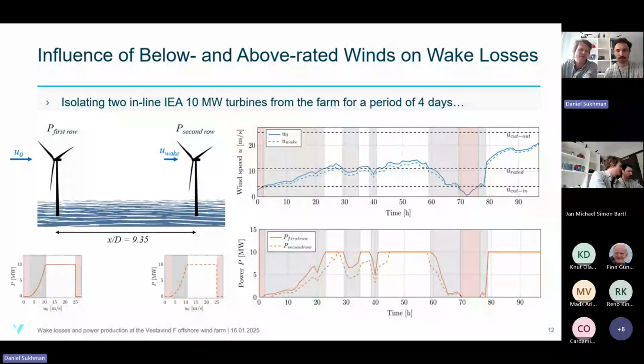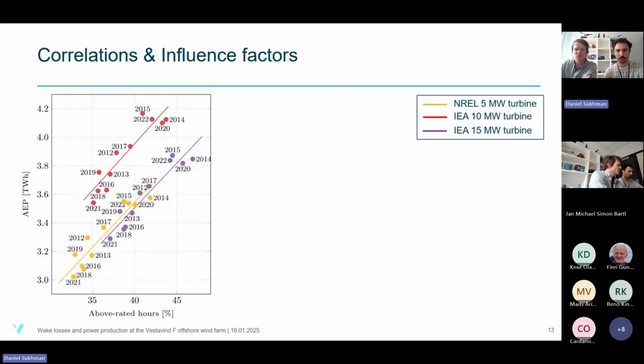But still, we found the measure of quantifying the number or the percentage of above rated hours of operation quite useful here. What we found is that there is a correlation: the more above rated hours we have per year, the more annual energy production we have. That number is a little higher for the 10 megawatt turbine than for the 5 megawatt and also the 15 megawatt turbine.